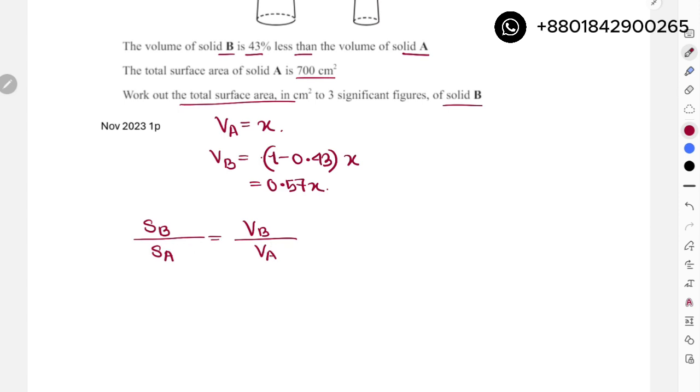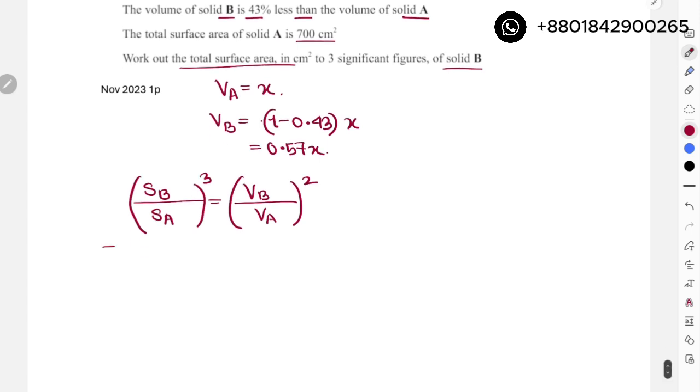Now their values are not going to be equal to each other. For volume you will have a cube in this case, and for surface area you'll have a square on top of the volume ratio. After that, I'll take this 3 to the right hand side. In that case, I will have VB over VA to the power of 2 over 3, right?